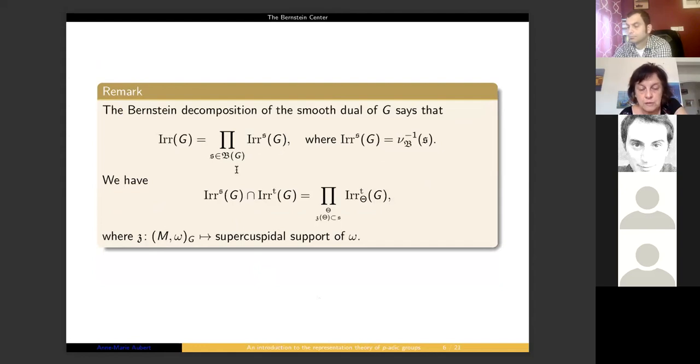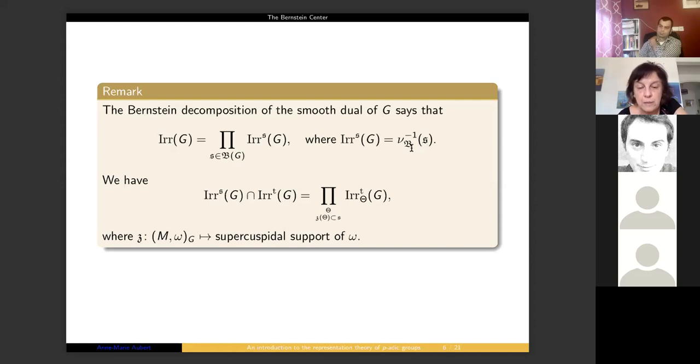The product is over all the inertial classes S in B(G). And the block for fixed S, the corresponding block here S(G), by definition contains all the representations which correspond to S by parabolic induction, as we have explained before.